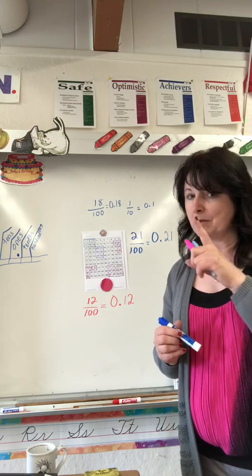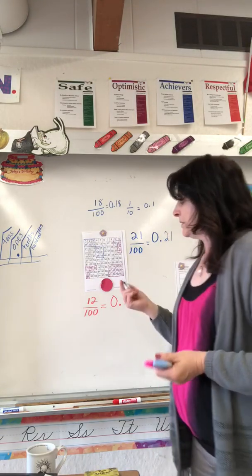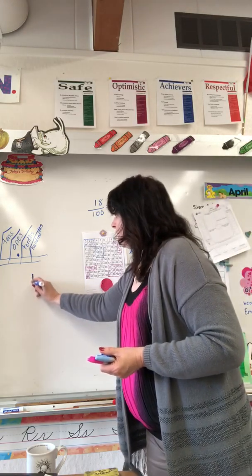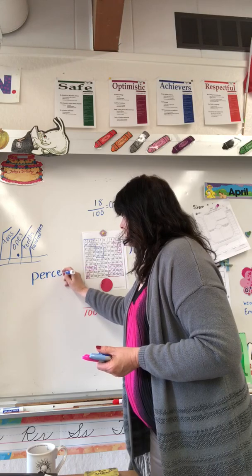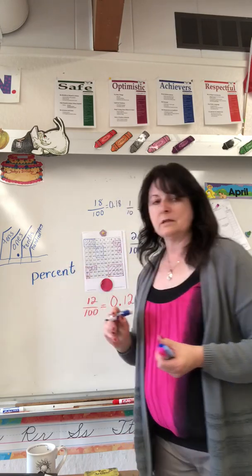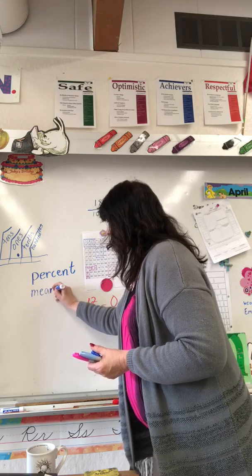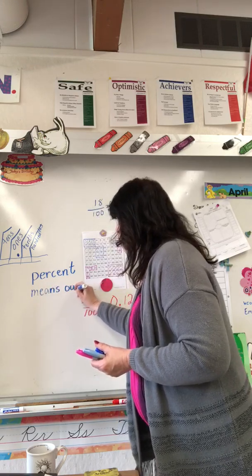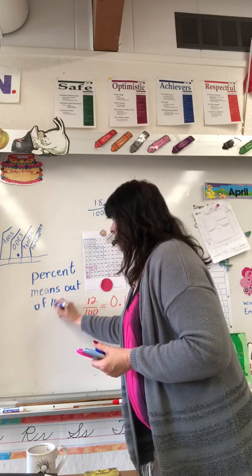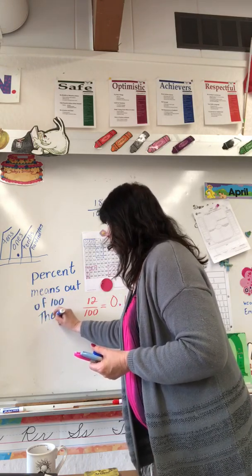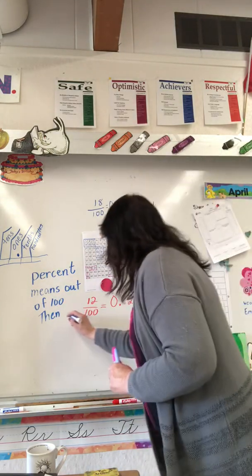Oh, but there might be one other little part that you could go to. I wonder what that would be. So I wonder if you can figure this out. If percent means out of 100, then, and this would be where we'd have like a drum roll, you know, da-da-da-da, right?